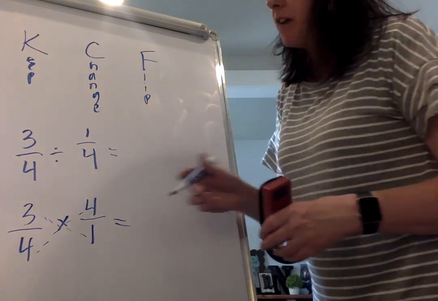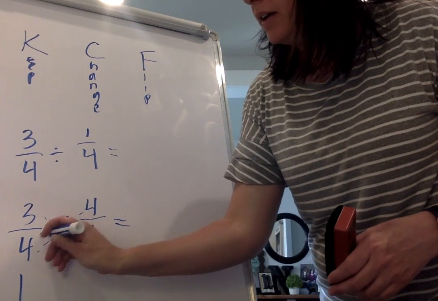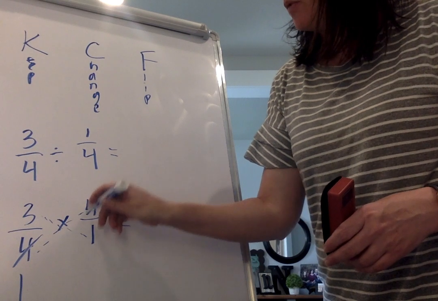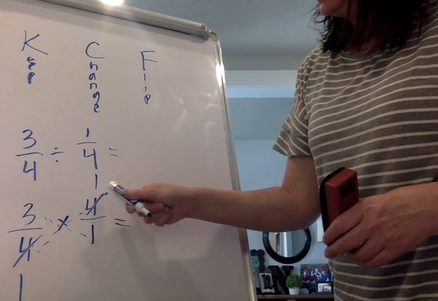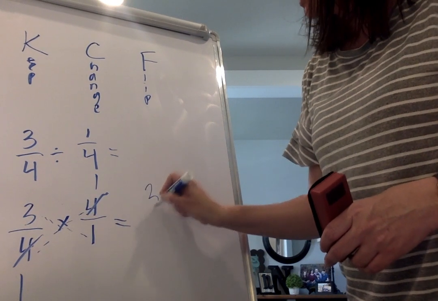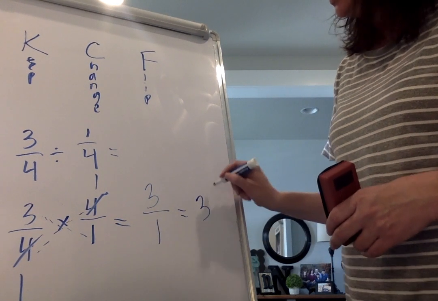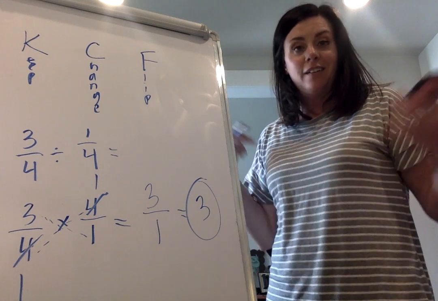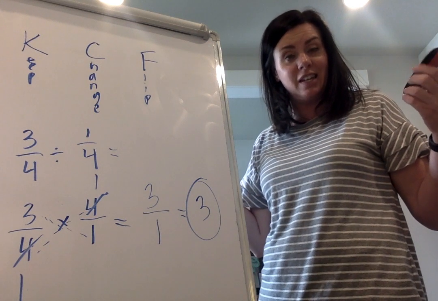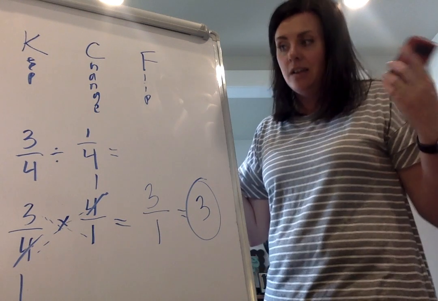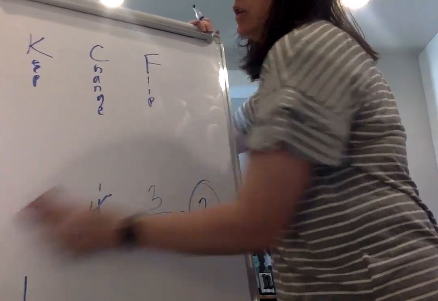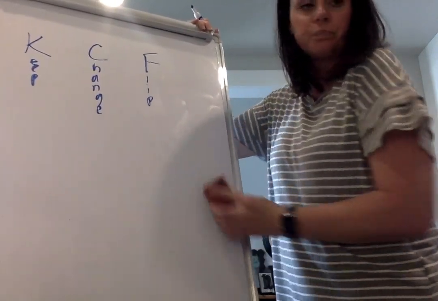If I divide 4 by 4, I get 1. And if I divide 4 by 4, I get another 1. So 3 times 1 is 3. 1 times 1 is 1. 3/1 equals 3. There we go. We just did dividing fractions. Not too bad, right?